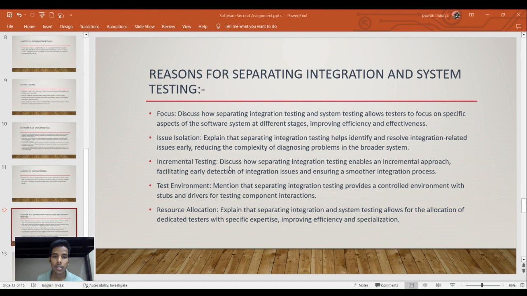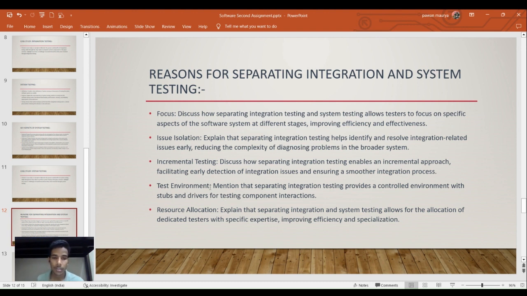Incremental testing: discuss how separating integration testing enables an incremental approach, facilitating early detection of integration issues and ensuring a smoother integration process.